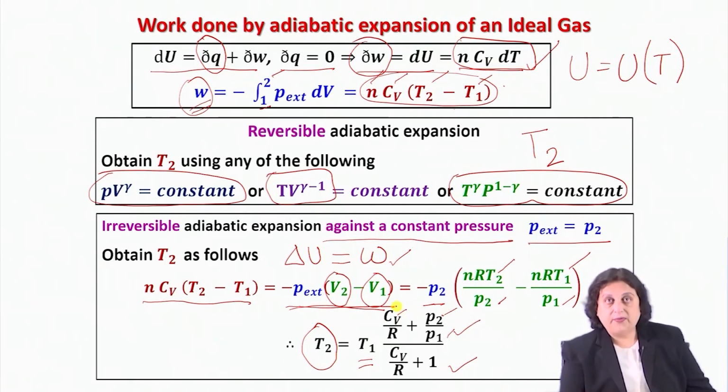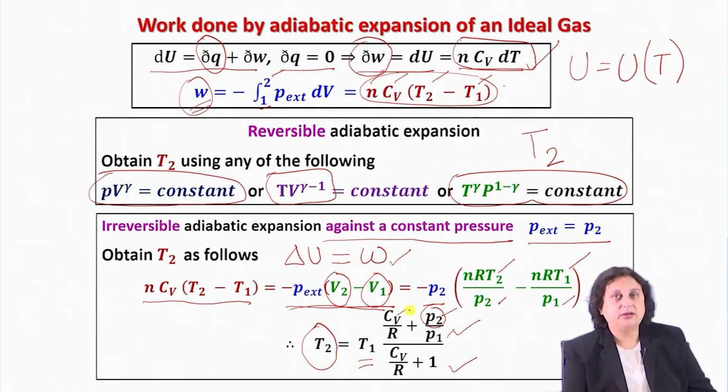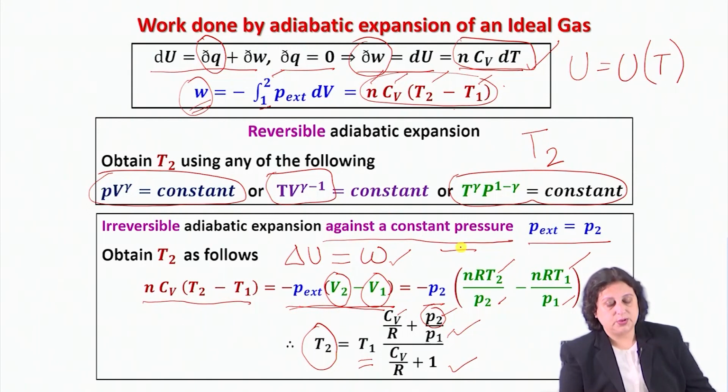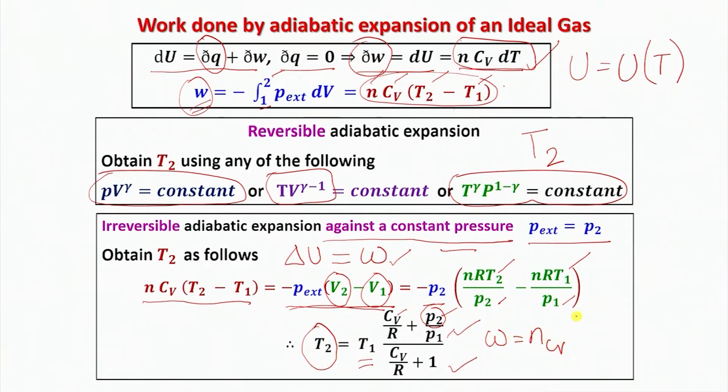And therefore, if I know which state, P1 and T1, the system is starting from, and if I know which pressure it goes to, which is the constant external pressure, in that case I can find out T2. And once I can find out T2, what is W? W is nothing but nCV (T2 minus T1), as I have mentioned above.